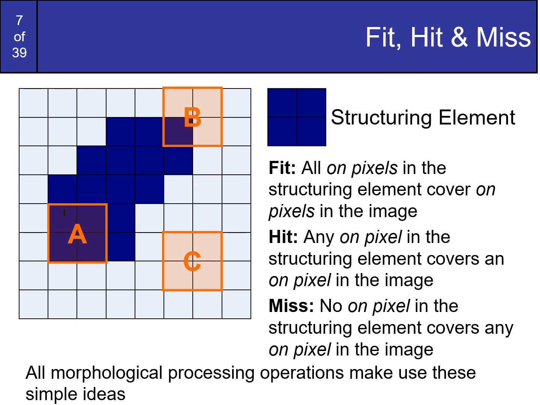Okay, so we now know what is a structuring element, what is fit, what is hit, and what is miss. All morphological processing operations make use of these simple ideas, so we will later use all these elements and ideas again for implementation of morphological image processing.